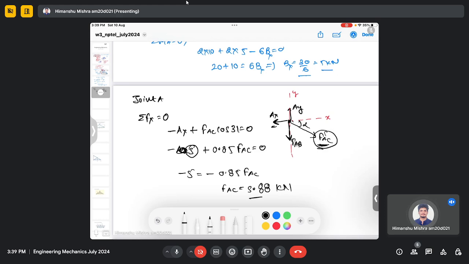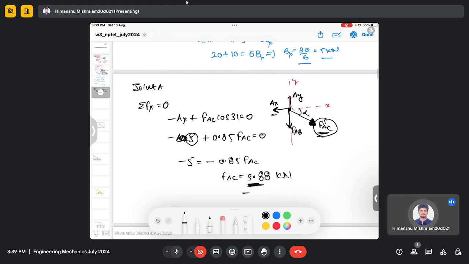I already showed the assumed direction of force AC, and I found that it is positive. I got the positive 5.88, which means my assumed direction is right. If it would have been minus 5.88, then I would need to change the direction of this force to the opposite direction.